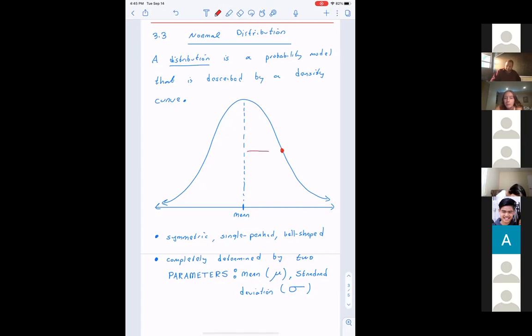This distance from the mean to that point is 1 standard deviation. So if I go to the point where the graph changes from being hill-y to bowl-y in either direction, I will have gone 1 standard deviation.